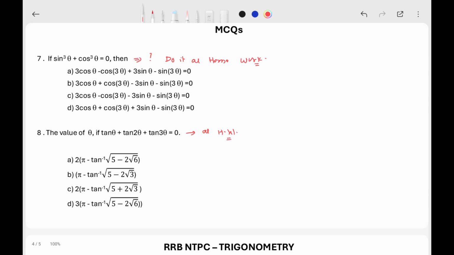Try to interpret. What is sin cube theta plus cos cube theta? How do you write it? Try to get the answer.